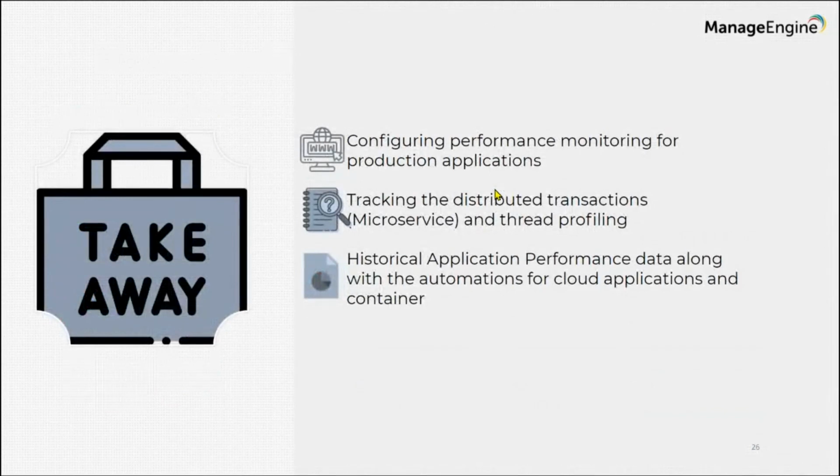We have almost come to the end, so let's have a quick summary of what we have discussed. We discussed configuring performance monitoring for your production grade application, and tracking the application in a microservice based environment. We took an example of Kubernetes cluster based systems, and identified how we can use the thread profiling option to find which specific code snippet is causing performance impact to your application.